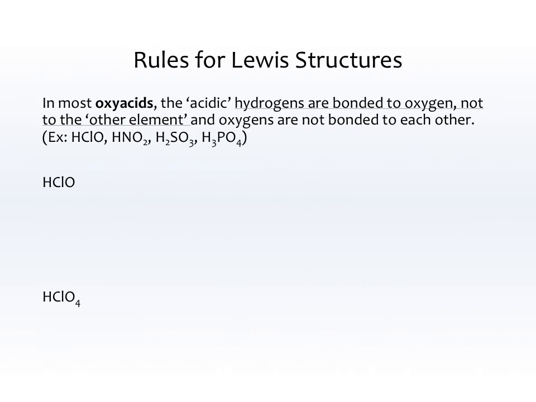Okay, next rule. In most oxyacids, that is an acid that starts with H and has oxygen in it, in other words, not a binary acid, the acidic hydrogens are bonded to oxygen, not to the other element. So in HClO, it is not H-Cl-O. Tricky.